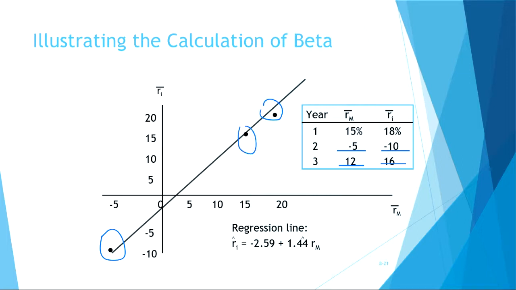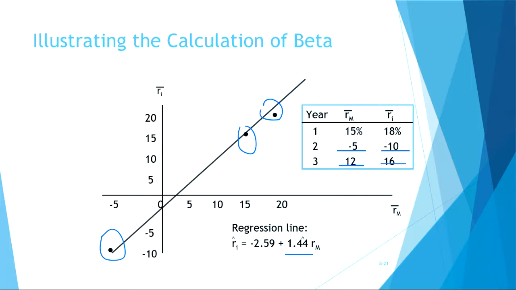So when you draw the regression line, your beta is, let me show you, it's written here, 1.44. Yes, the slope is 1.44, that is your beta, basically.